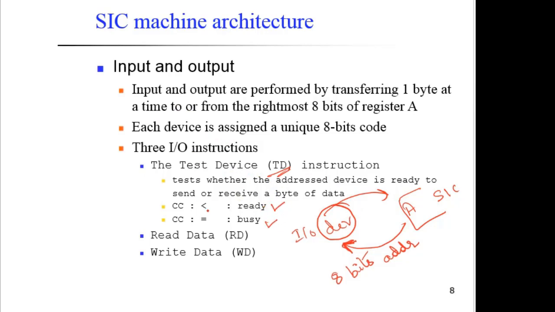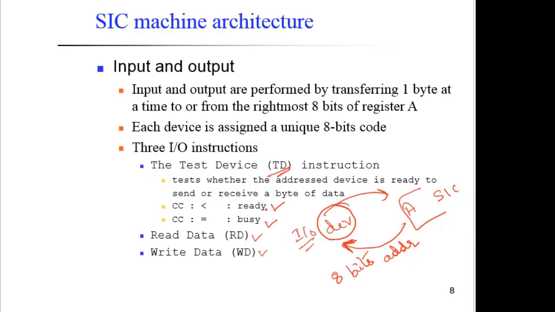If device is ready, condition code will be set equal to this symbol. And if device is busy, condition code will be set as equals. If device is ready, then you can perform read operation or write operation based on the input or output device you are handling. And if device is busy, you cannot proceed with read or write operation. Instead, you have to wait until device becomes ready.